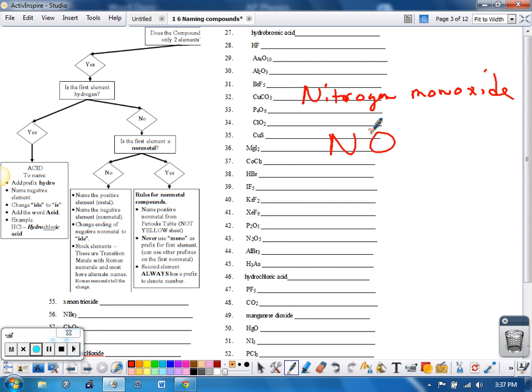No. We would say N-O, no. So let's do a couple of mixed up examples. We have PbS2.